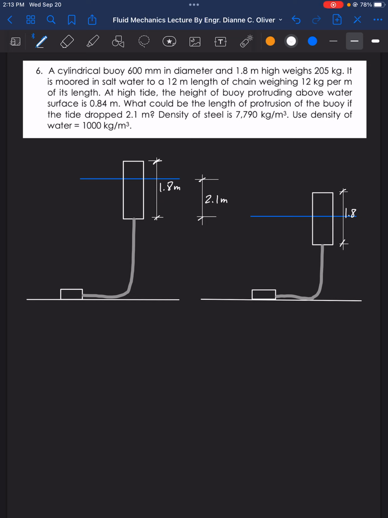Same. And then it says here that it is moored to a 12-meter length of chain.